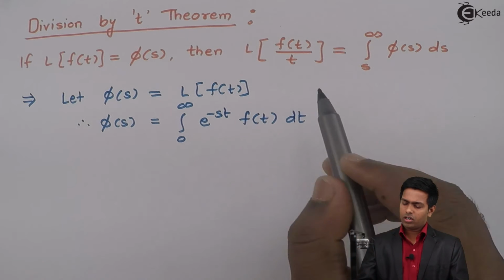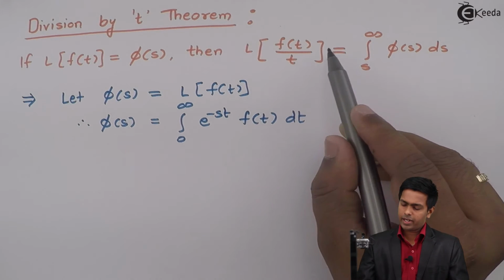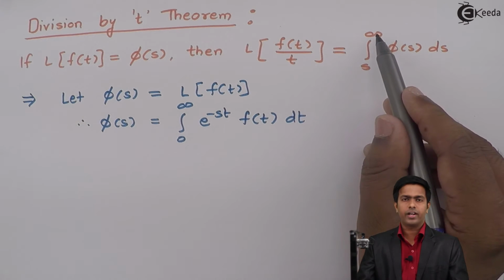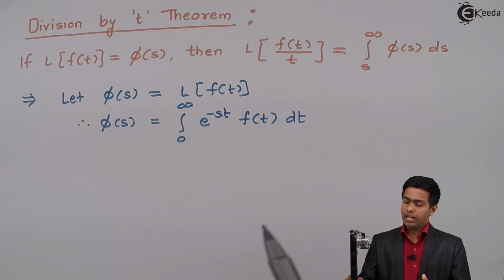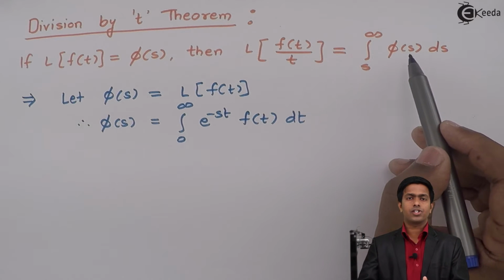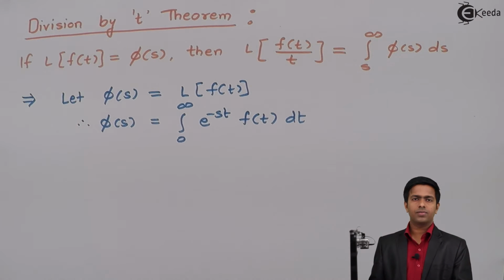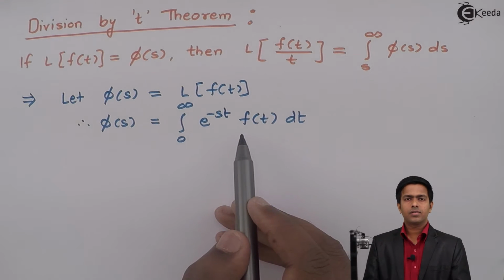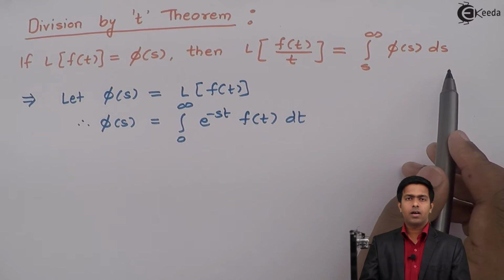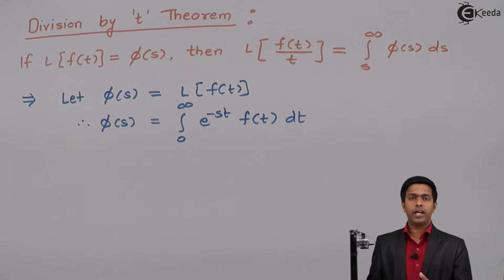Now as we want the property as integration s to infinity phi of s ds, it means we want integration of function of s with respect to s. So for that, we'll integrate both sides with respect to s, considering the limits from s to infinity.